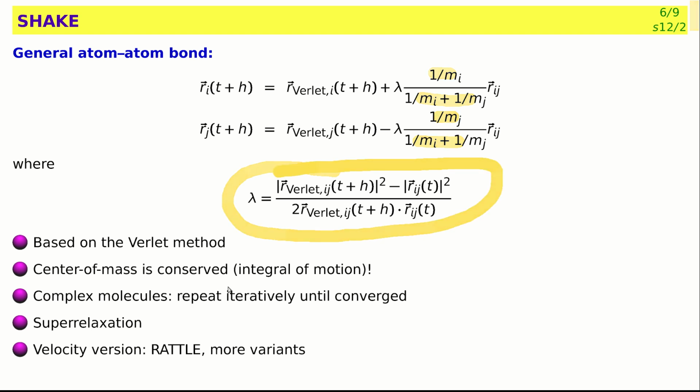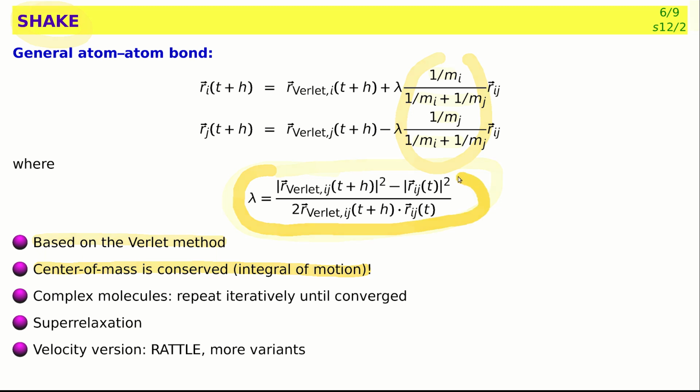Okay, to summarize, this method, which is called SHAKE, is based on the Verlet method. Because of this, the center of mass is conserved. It should be, because the momentum is an integral of motion. If we have complex molecules, and this is not exact anyway, we have a problem because we have several bonds.